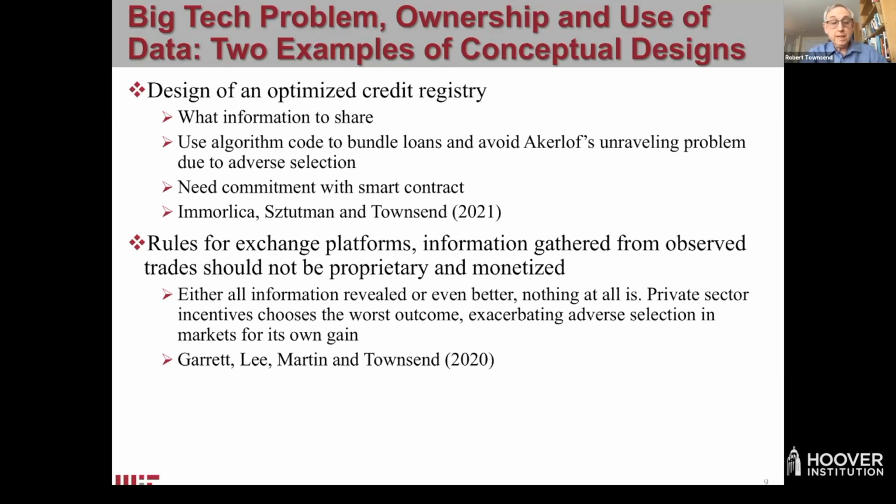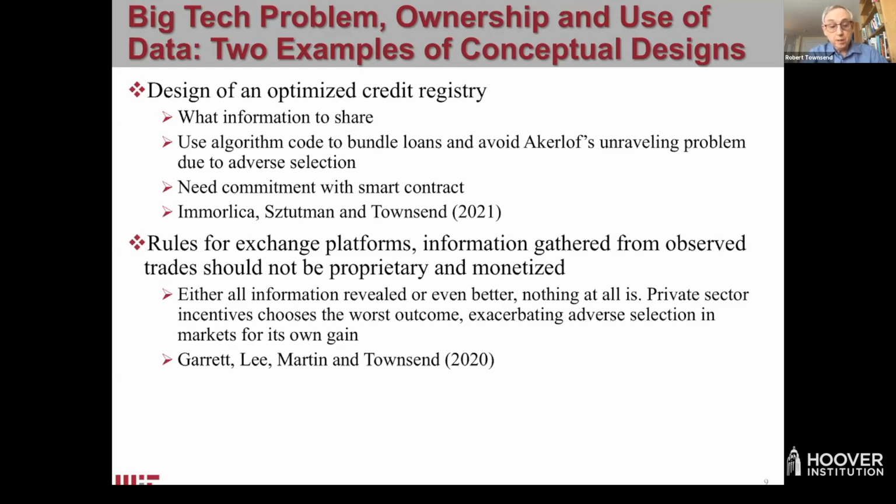A second example, exchange platforms, information gathered by the ability to monitor and execute agreements in OTC, create the problem of who has access to that information and what you can do with it.